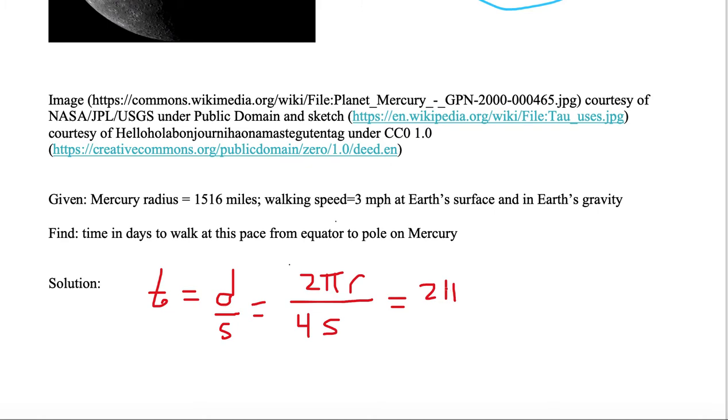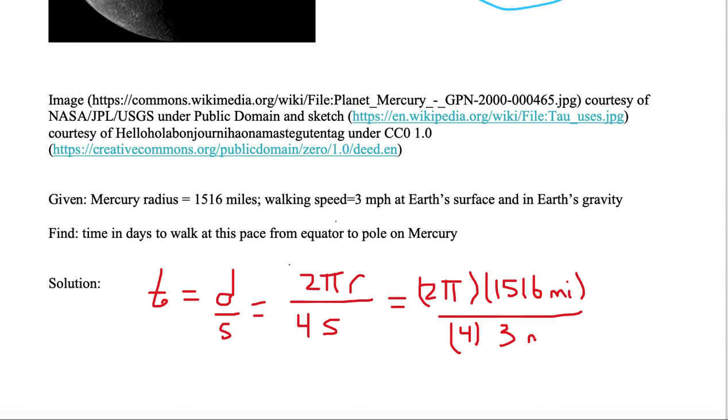We know the radius of the planet. The radius of the planet is 1516 miles, and I'm just going to put mi for miles. And then we're going to divide this by 4 times the speed. And we're given a speed of 3 miles per hour.